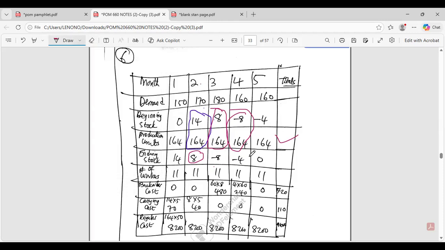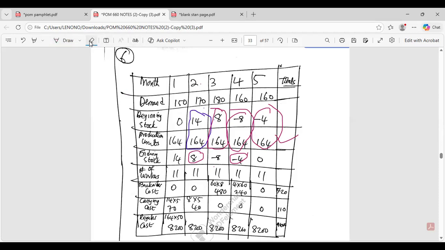So this negative 4 is here. Negative 4 plus 164 minus that one. So these negatives are backlogs. You don't have them because on the level ground, you're producing 164 units with a current workforce of 11 workers. So those people are failing to match the demand.